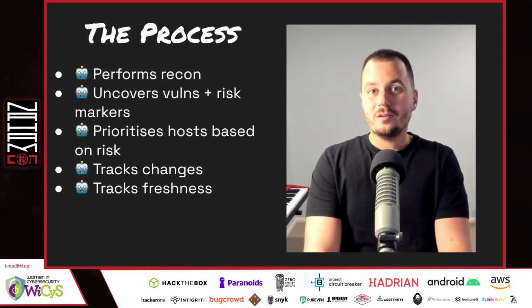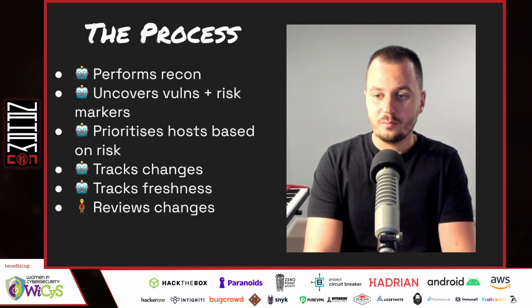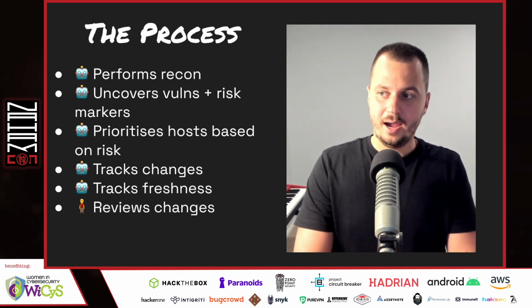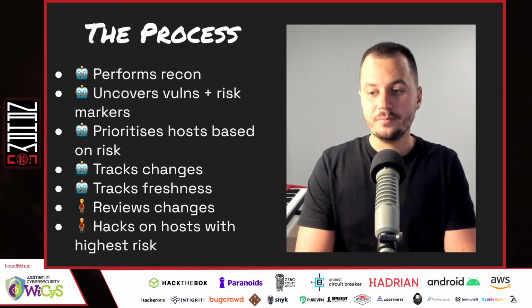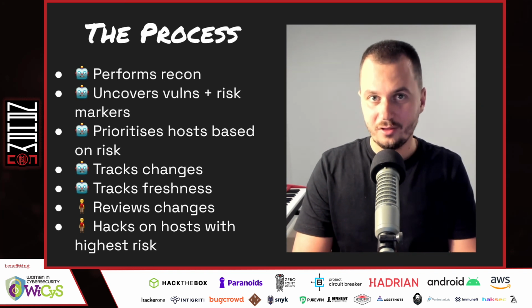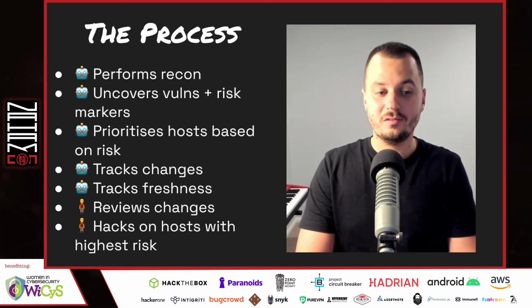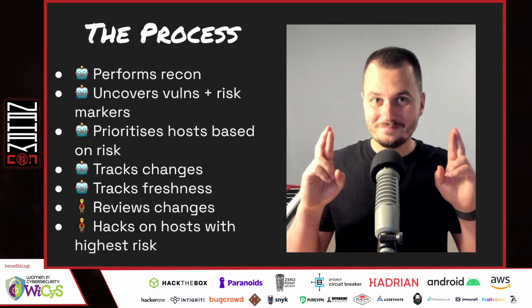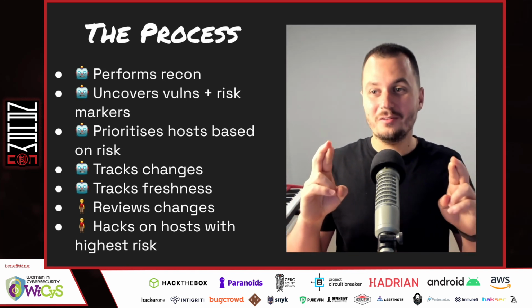Then all a human has to do is review the changes that are discovered by the automation, and also hack on the hosts that have the highest risk markers, because those are the hosts that hopefully are the most likely to be vulnerable.